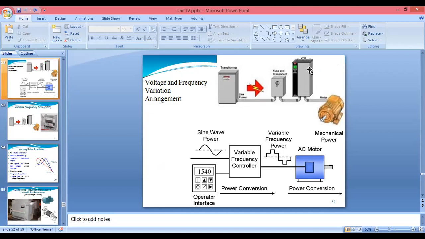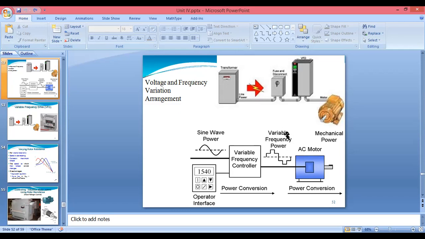It means we can control its speed by controlling its frequency. So when we need to control the speed of a three-phase induction motor, you can change its supply voltage or its frequency by using the variable frequency.